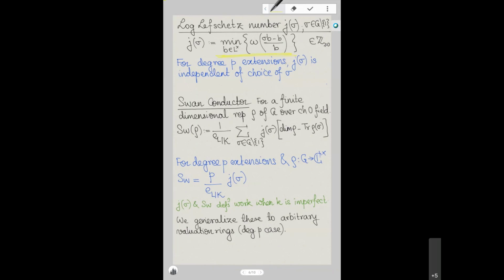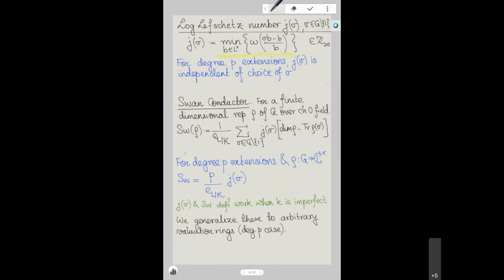If you relate this to what we had before for lower filtrations, these j(sigma) are the breaks in the ramification filtration there. Now, a related invariant is the Swan conductor. This is the general definition for a certain representation. You can see that it is related to j(sigma). You can ignore it for now.